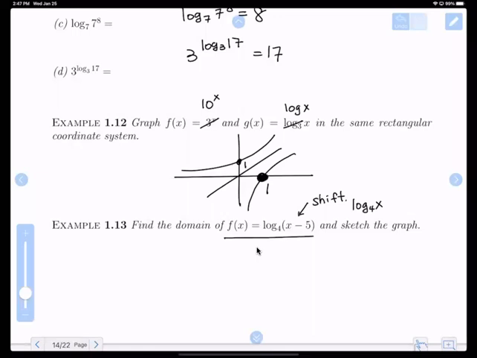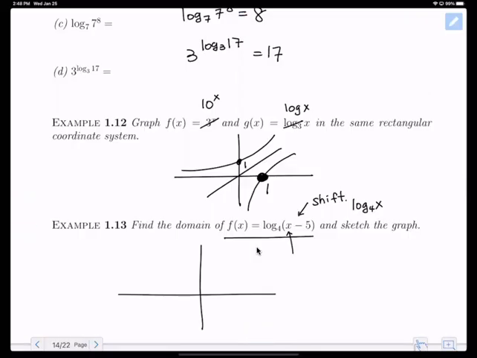Looking at the inside, log base 4 of 1 equals 0.